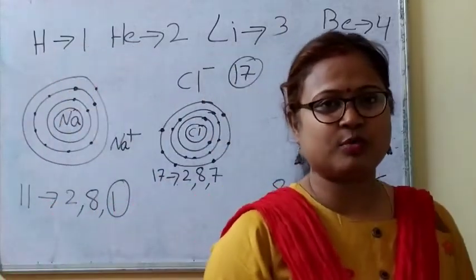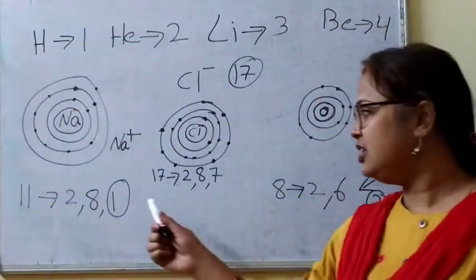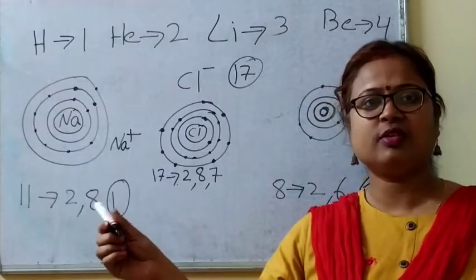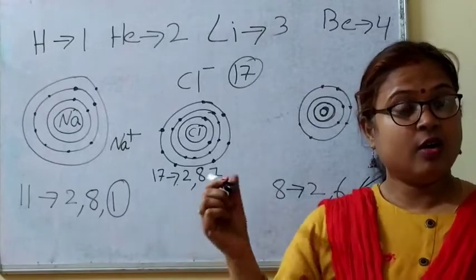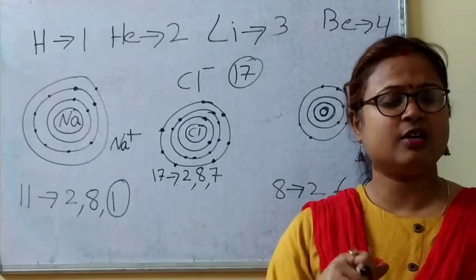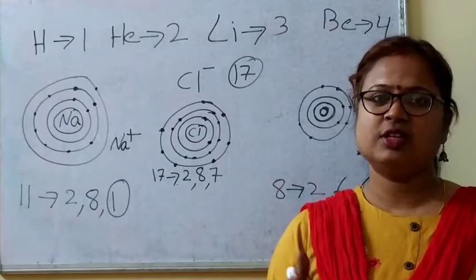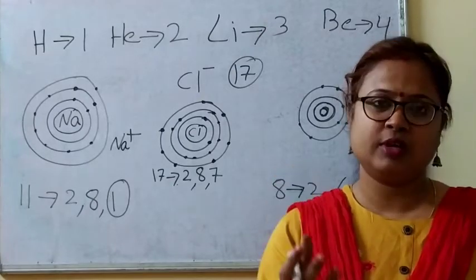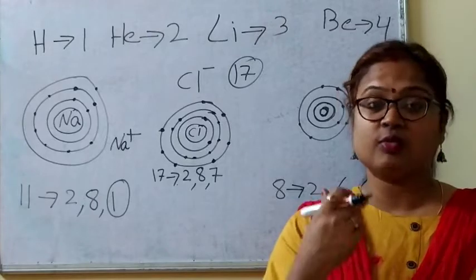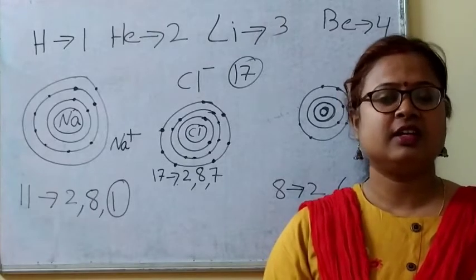Again, chlorine has two options to get satisfied. Either to give 7 electrons, or the second option, to take 1 electron. Of course, when chlorine gives 7 electrons, it will spend more energy. But when chlorine takes 1 electron, it will spend less energy.